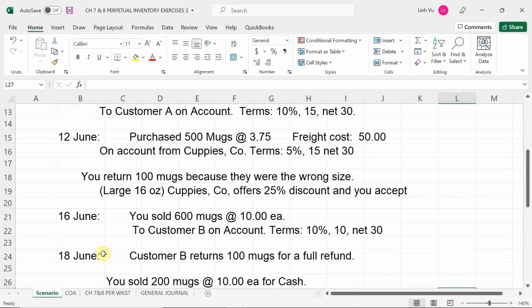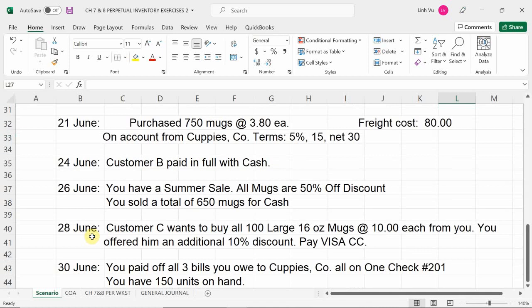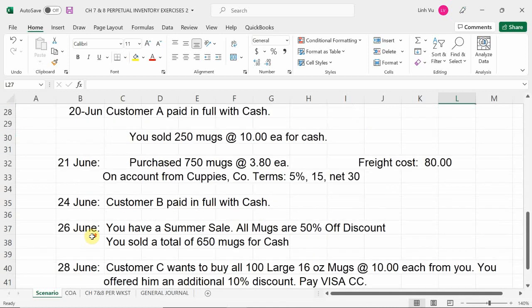All right, we sold to customer B on the 16th of June, and gave him terms of 10/10, net 30. So in this case, 10 days from then is the 26th, right? So did customer B meet the discount period?